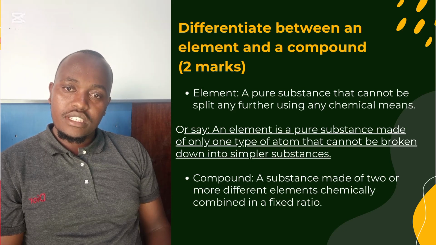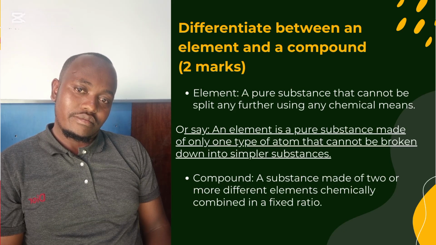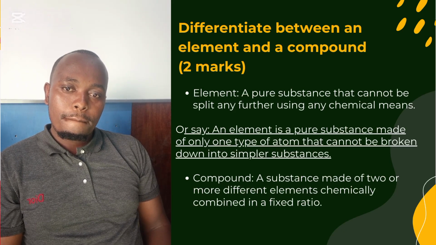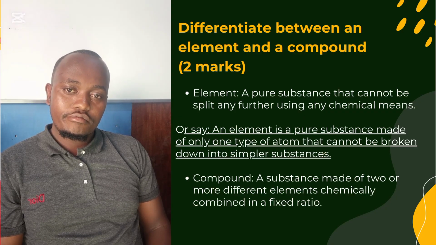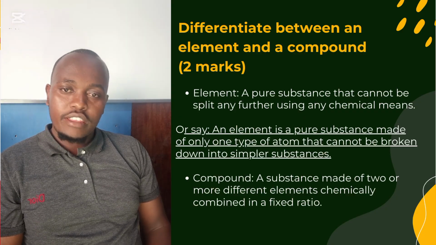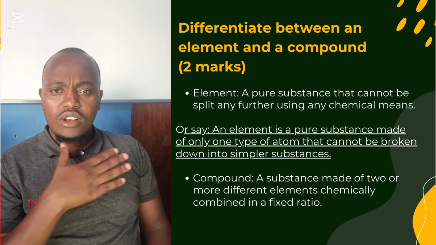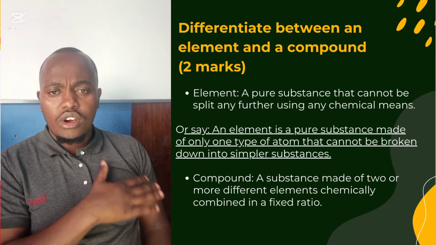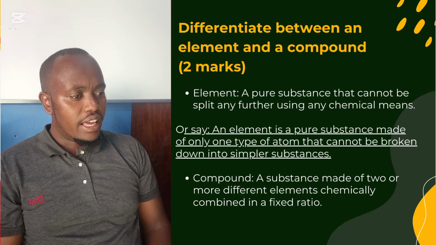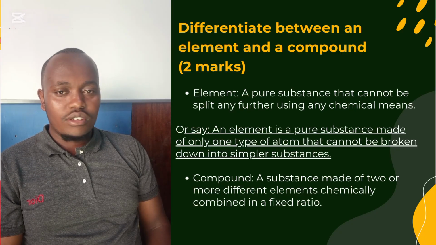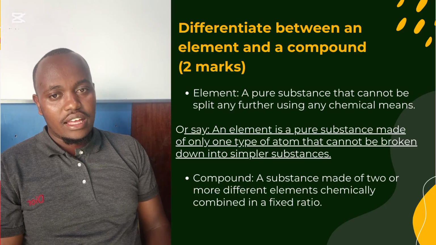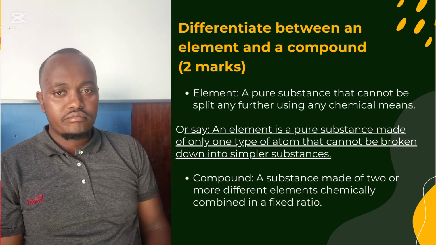An example of an element: iron, oxygen. The first 20 elements, all of them: sodium, magnesium, calcium, chlorine, neon, argon. These are elements. You cannot split oxygen further to produce any other thing.